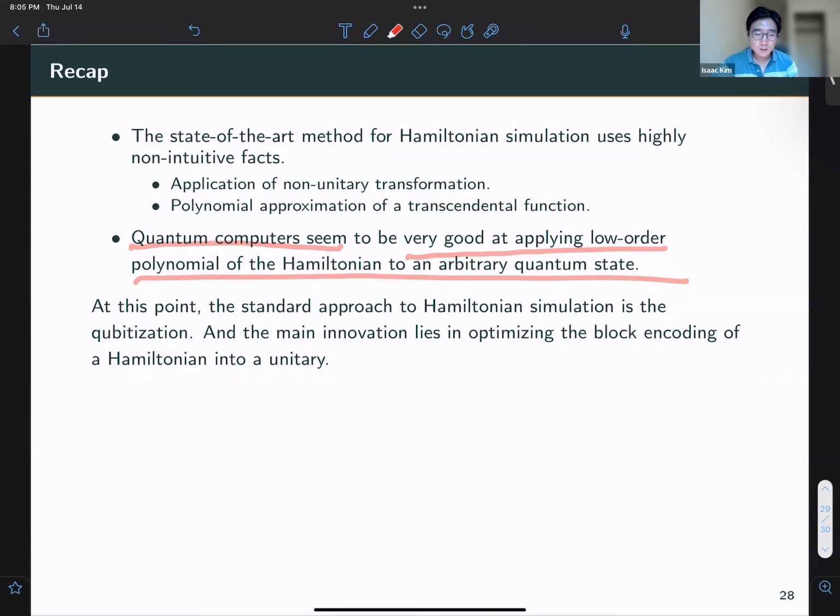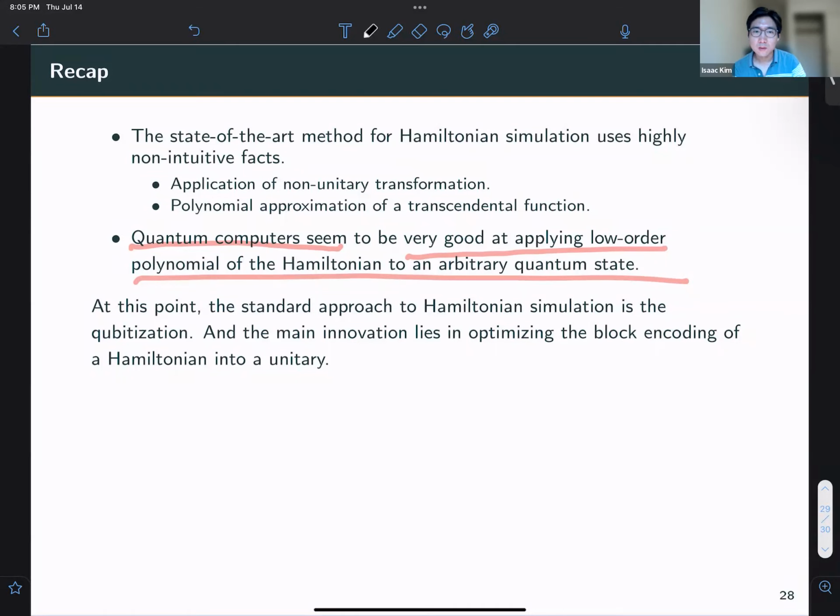I guess it depends on what you want to compute. But I guess the simplest thing is maybe you want to prepare the ground state of your system, and then measure correlation functions.